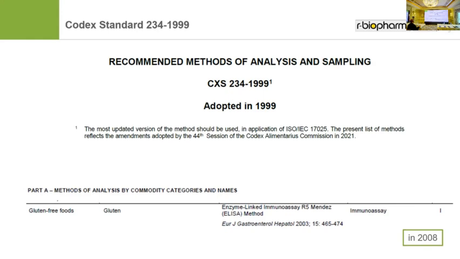And on the right side you see the Roman 1, which means that this is a type 1 method of the Codex Alimentarius, which defines the gluten amount that is detected by this method. So this means also there is no other reference method available defining the gluten concentration.